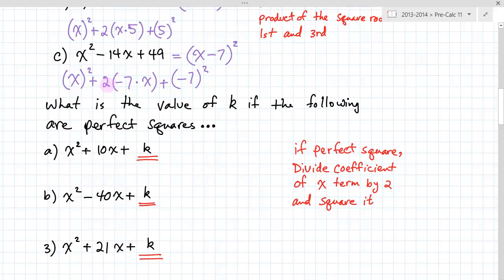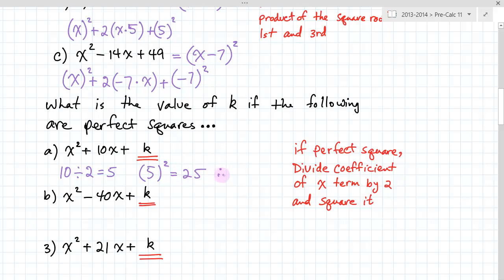I divide it by 2x, right? Good. So I'm going to take this middle coefficient, 10, and I'm going to divide it by 2. I'm going to get 5, right? And I'm going to take that 5 and I'm going to square it. And I'm going to get 25.